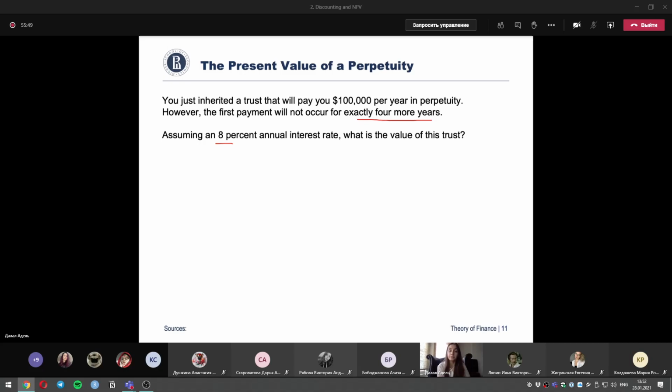Yeah, so present value for today. I would recommend you again to draw a timeline here in order to understand when we're going to receive our first cash flow and for which date we have to calculate our present value.